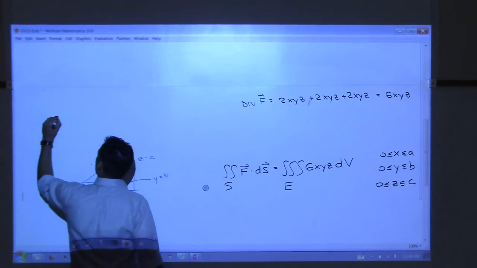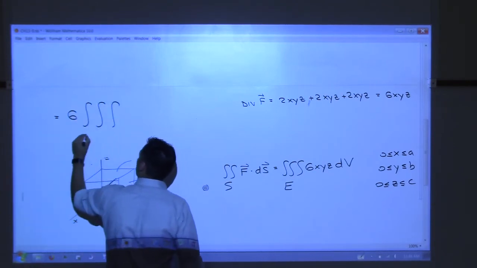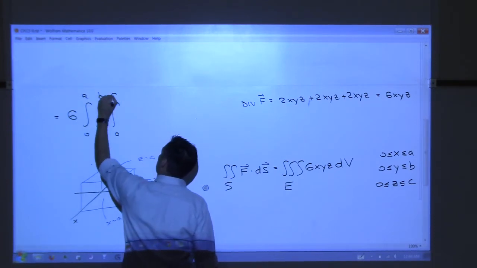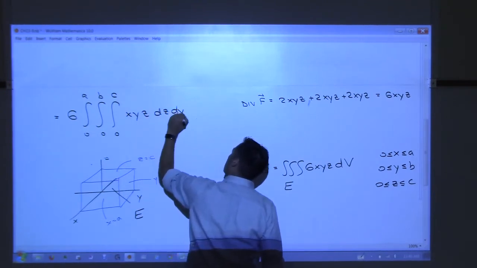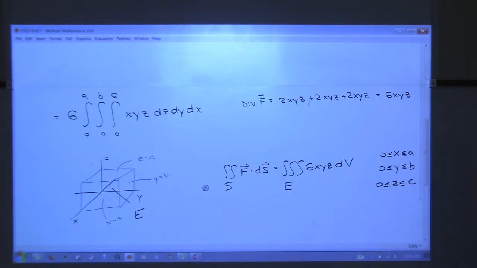So we get equals 6, I'm bringing it out. X, Y, Z. Let's go 0 to a, 0 to b, 0 to c, xyz dz dy dx. Did I get the order right there? Yep, z is the inside, z has c, y is b, x is a.